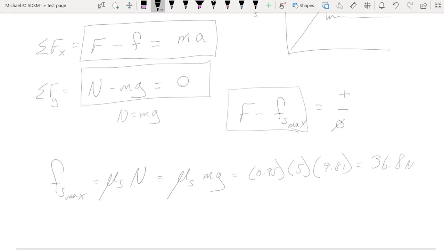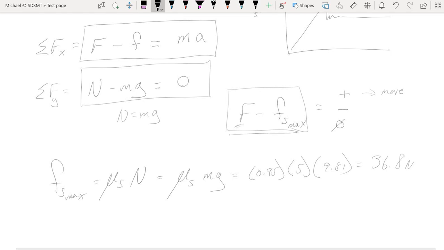Well, what does it mean for this combination to be positive? It means that the applied force has to be larger than the maximum static friction. And that means we're going to overcome the maximum static friction, and our mass will start to move.